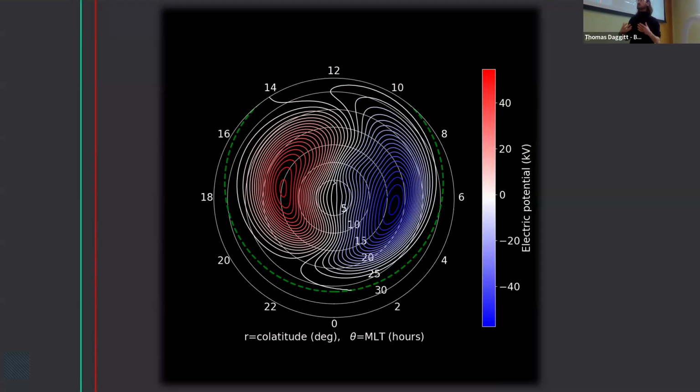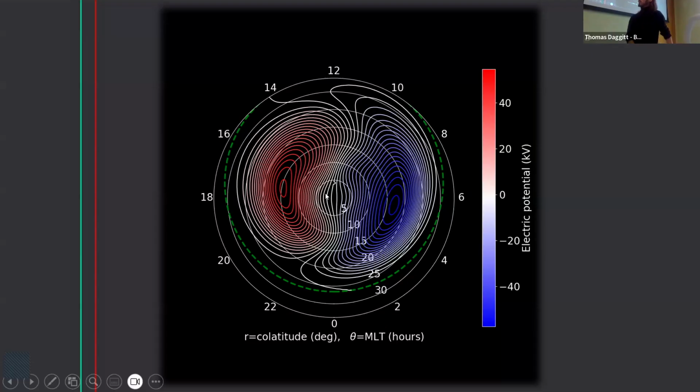So to get the electric potential in space, what you have to do is trace field lines down to the surface of the ionosphere, work out where they intersect the ionosphere, and that gives you the potential of the whole field line. So this is the Weimer 2005 ionospheric potential model.